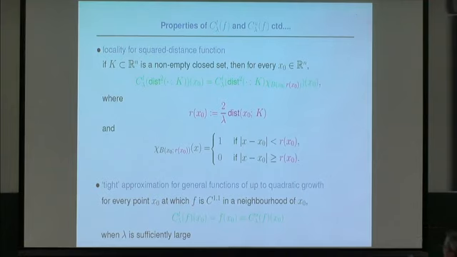The property is the following. If I take a non-empty closed set K and some point x0 in R^n, then the lower transform of the squared distance function to the set K at the point x0 only depends on the values of the original function in a neighborhood of the point x0.